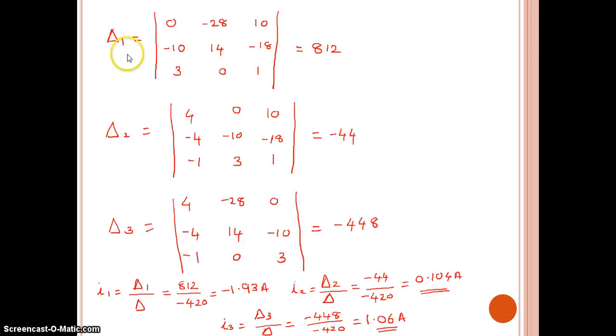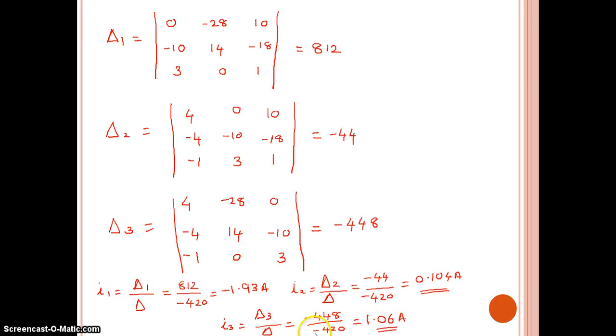When solving, delta 1 is 8112, delta 2 is minus 44, delta 3 is minus 448. From there, I1 equals delta 1 by delta, which is minus 1.93, I2 is 0.104 and I3 is 1.06.